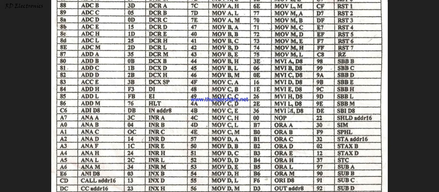In a later video we will discuss that. When the HL pair is loaded with any 16-bit value, that 16-bit value represents a memory location, also known as the memory register. So there are different types of instructions, and by these instructions the microprocessor understands where the data will go: either B, C, D, E, or A, anyone.